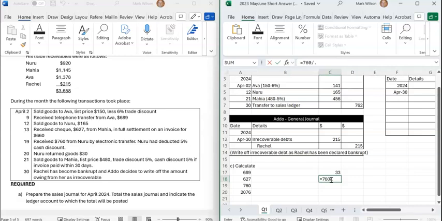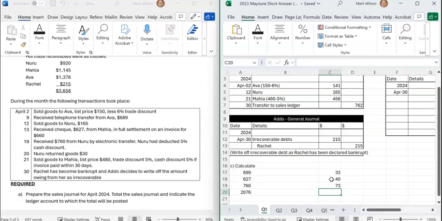I'm going to divide it by 0.95 and that'll tell me what the full amount was going to be. So the full amount was going to be 800. So just calculate that again, equals 800 times 0.05 or 5%. So basically we've got a $40 discount there. All right, so our total discount is those two added together. All right, and that is question C2.